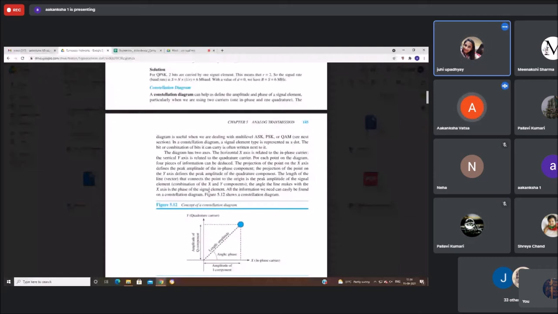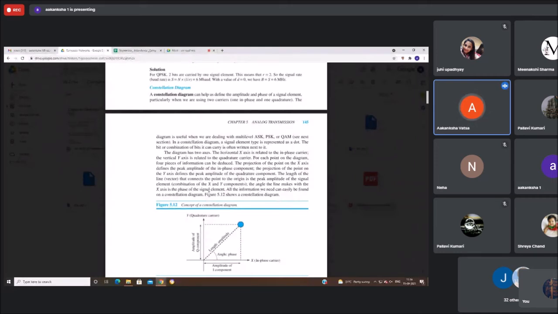So similarly, in case of digital communication, we use a pattern of dots, and these dots will represent at what phase and at what amplitude we'll be sending the signal. So the constellation diagram helps us to define the amplitude and phase of a signal element, particularly when we are using two carriers, one in phase and one quadrature.